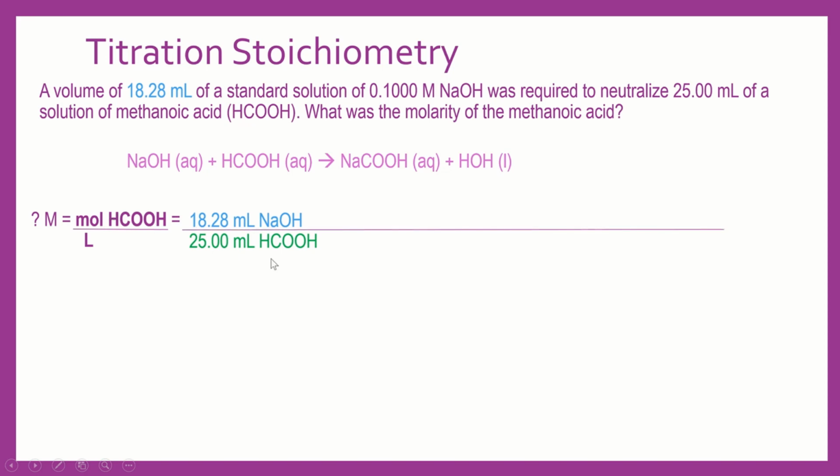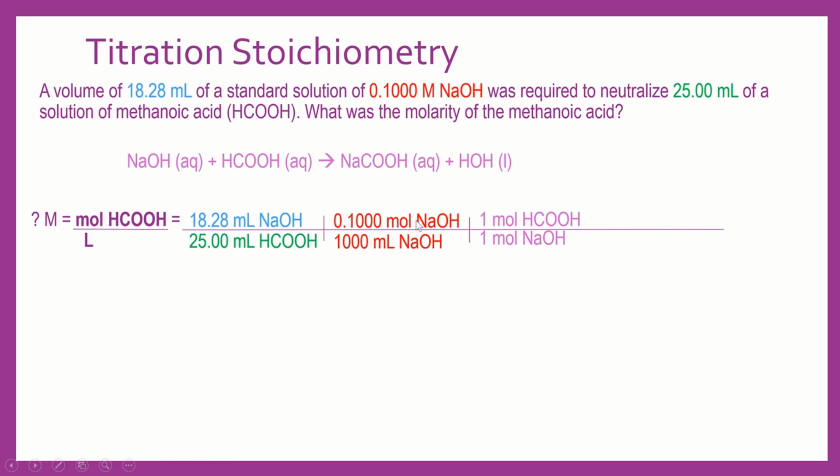Now, we haven't quite canceled that unit out, but these two are equal to one another. 18.28 milliliters of base was required to neutralize the 25 milliliters of methanoic acid, so they are equivalent to one another. I know the concentration of my base, 0.1 moles of NaOH per milliliter. So I can cancel out my milliliters of NaOH. There's where that came from.